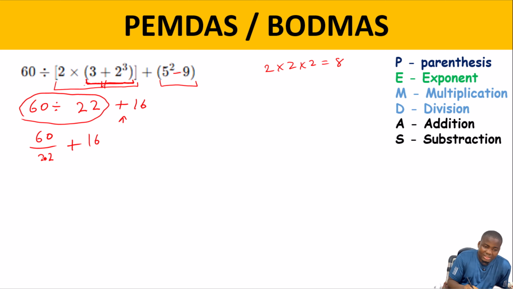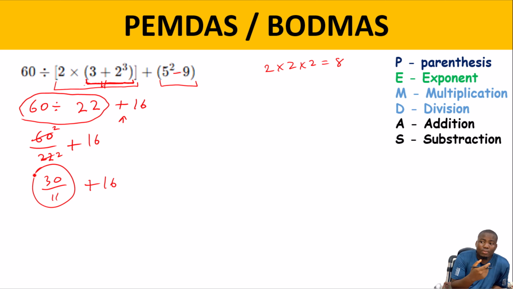Now, what is 60 over 22? We can simplify. Divide this by 2, divide this by 2. You have 30 over 11, but you still have plus 16. Now, we can actually convert this into a mixed fraction. How many 11s can we get from 30? 11 plus 11, that's 22, plus 8.